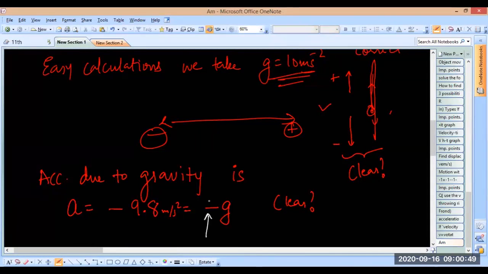What is this minus sign for? What is that minus sign indicating? Whose direction? You all are writing direction. Whose direction?